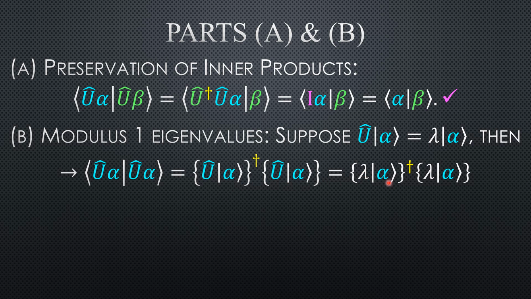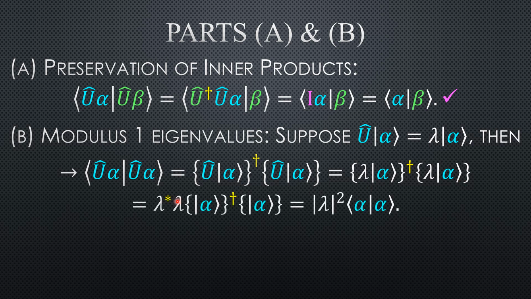That gives me lambda alpha. But thanks to the fact that the dagger is acting on that first bracket, we get a constant here with the conjugate, and then this lambda on the second alpha can be brought out just fine because it's a constant. Now the dagger only applies to this ket vector, which we can turn back into a bra from the dagger, and thus we get the inner product here with lambda squared, because of lambda conjugate lambda.